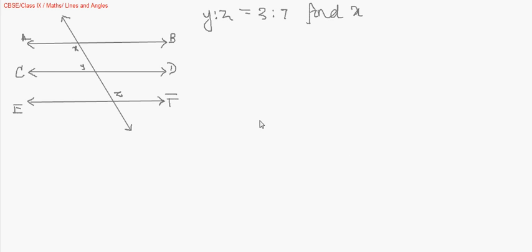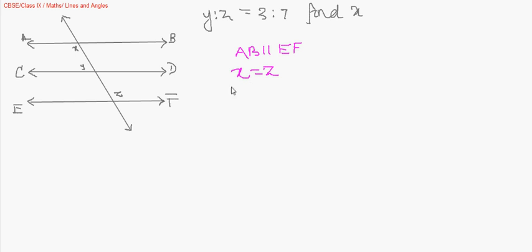Now if we observe, x and z are alternate angles, because if AB is parallel to CD, CD parallel to EF, that also makes AB parallel to EF. Now if AB is parallel to EF, we have read in a theorem previously, so x is equal to z.